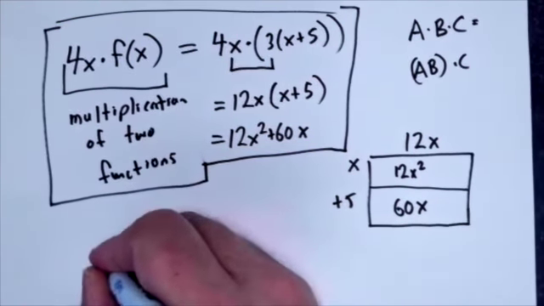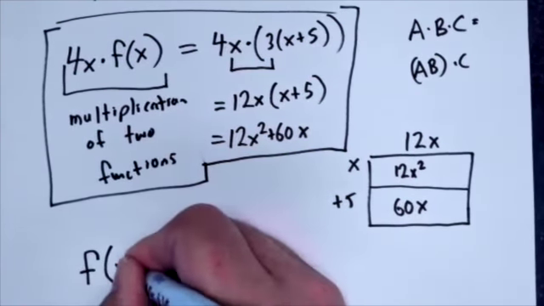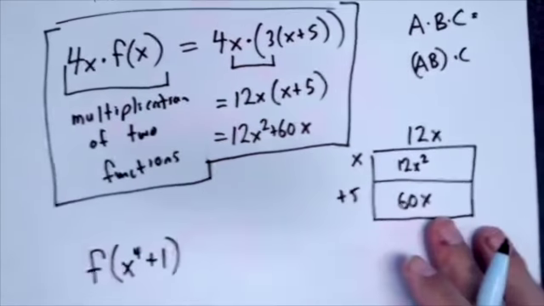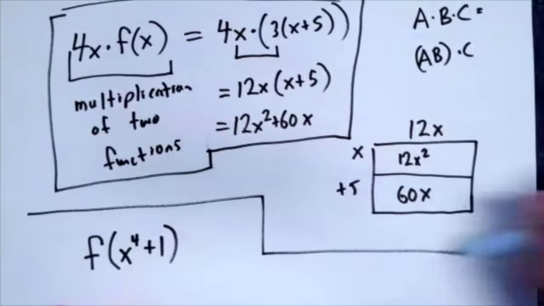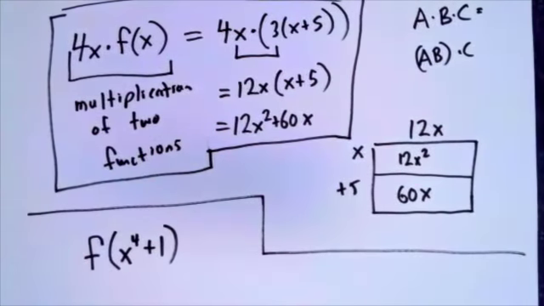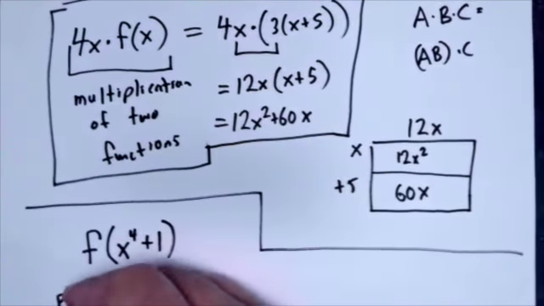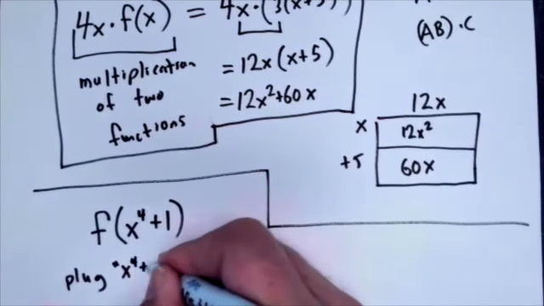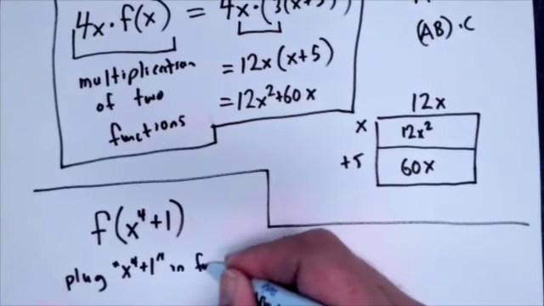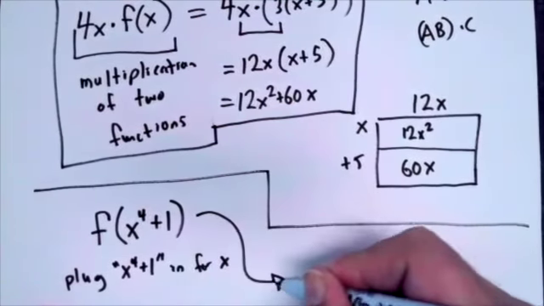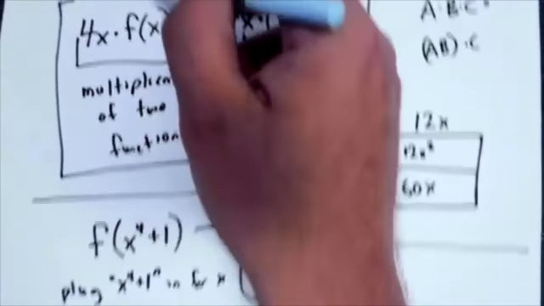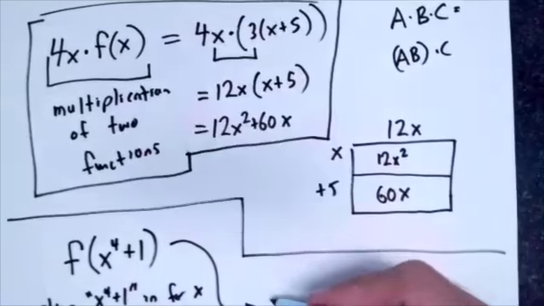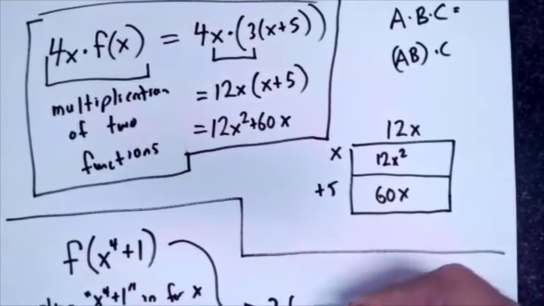Now I could also look at something like, what is f of (x to the 4th plus 1)? Now notice I said what I meant. I said f of, because here I'm plugging x to the 4th plus 1 in for x. I'm replacing everywhere I saw an x in the original function definition with x to the 4th plus 1.